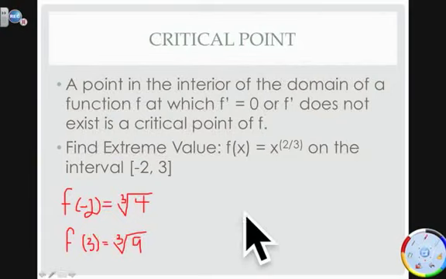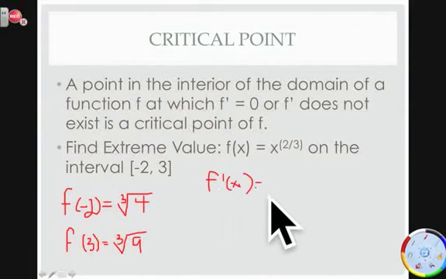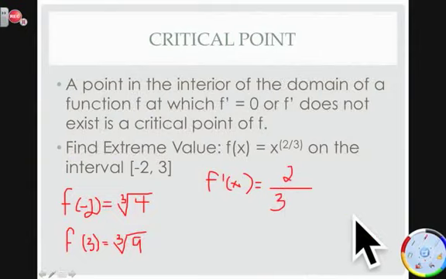Okay, so the derivative of the function itself, f prime at x, is, let's see, I think we know how to do this, 2/3, and it would end up being x to the -1/3, so I'm going to put it down here as the cube root of x.